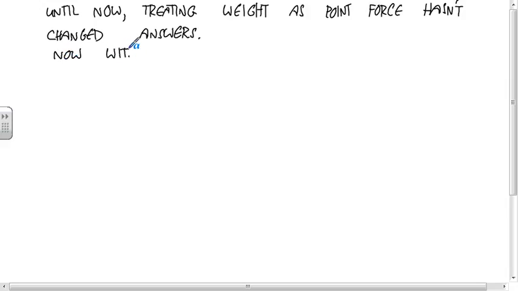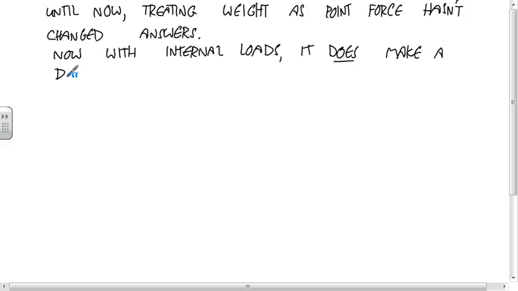Now with internal loads, calculating internal loads, it does make a difference. And so that difference comes about for the following reason.